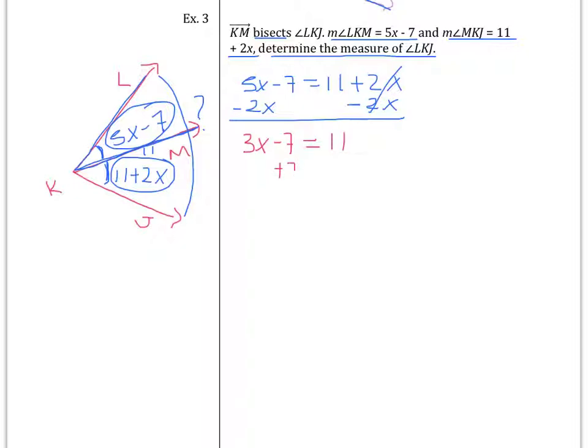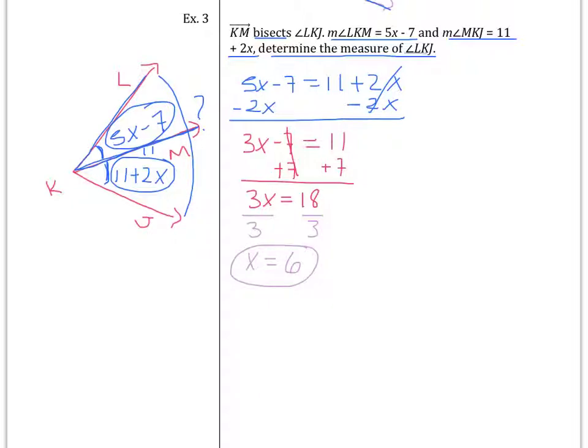Now we add 7 to both sides, so this cancels, and we have 3x equals 11 plus 7, that's 18. Finally we divide by 3, because there's a 3 in front of the x. 18 divided by 3 is equal to 6. So there's the value of our x.